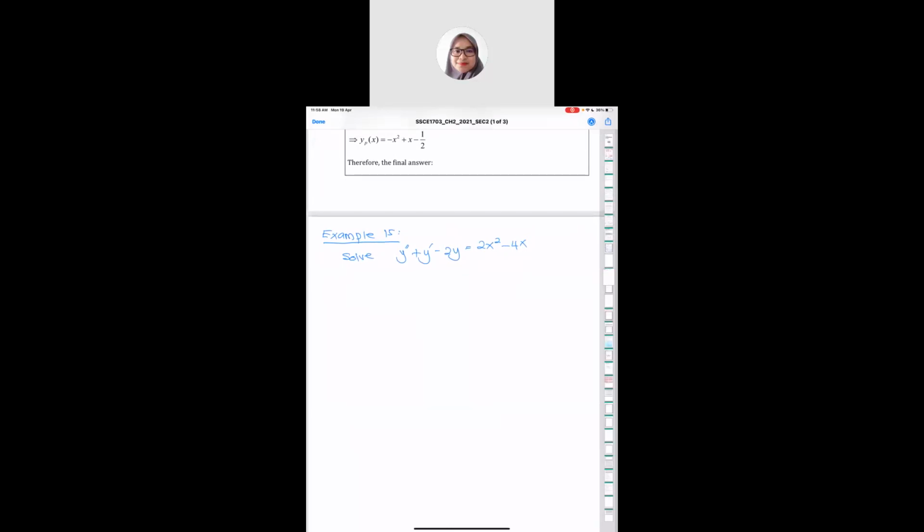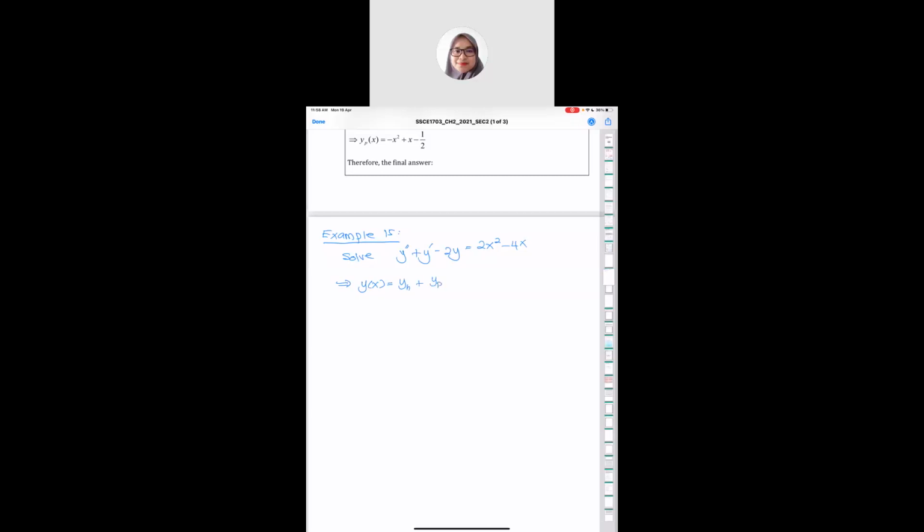Bila second order tengok pula homogeneous ke non-homogeneous. So we have non-homogeneous equation. Once you tahu dia non-homogeneous equation, we know that our target is to have yx, where yx equal to yh plus yp.